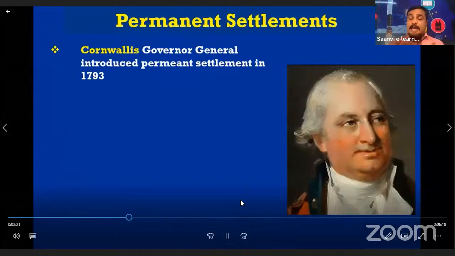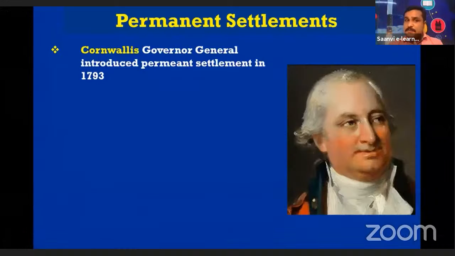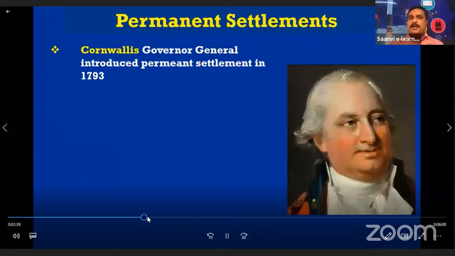Their aim was to gain the maximum amount of tax from the people. That was the main aim, because they had a lot of expenditure, and they used this wealth in their own country. So Cornwallis introduced the permanent settlement in our country. Please note it down.